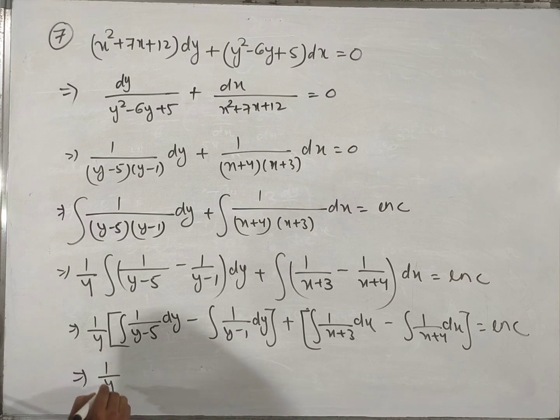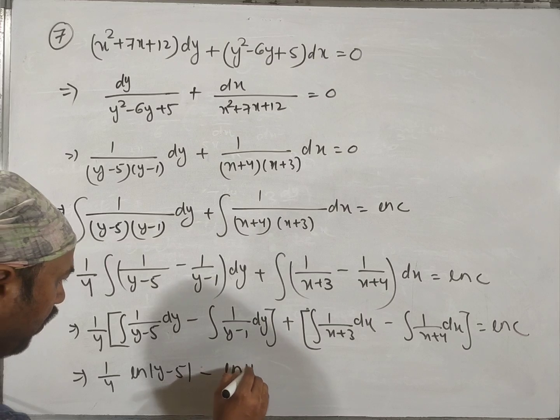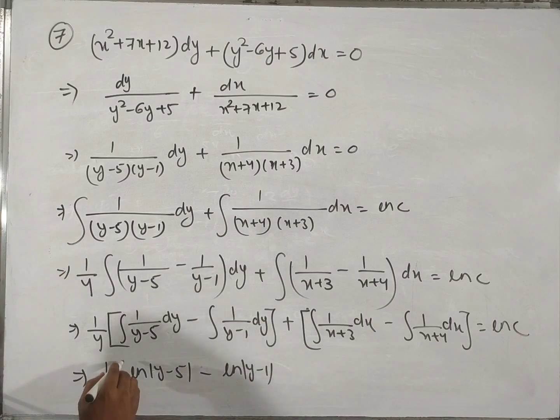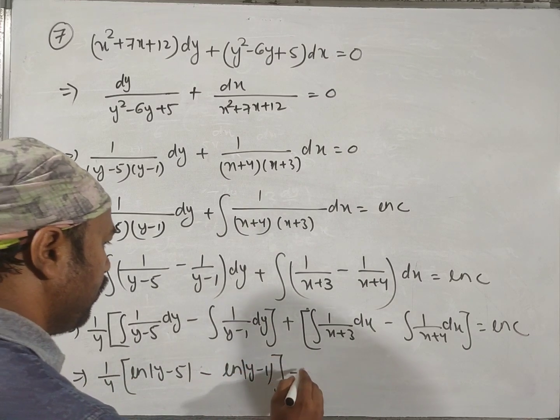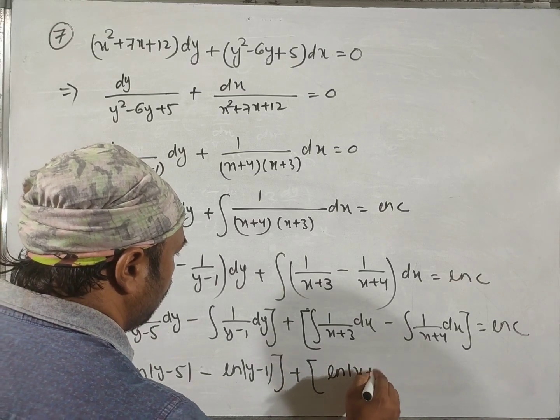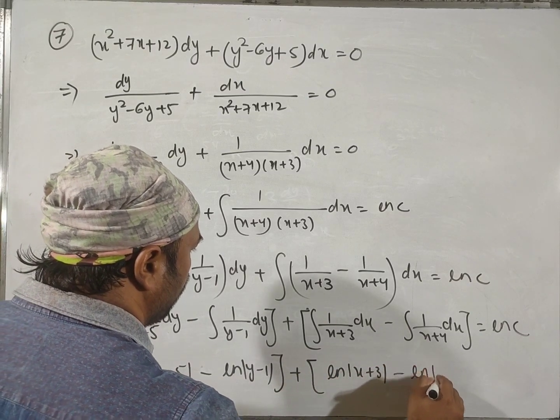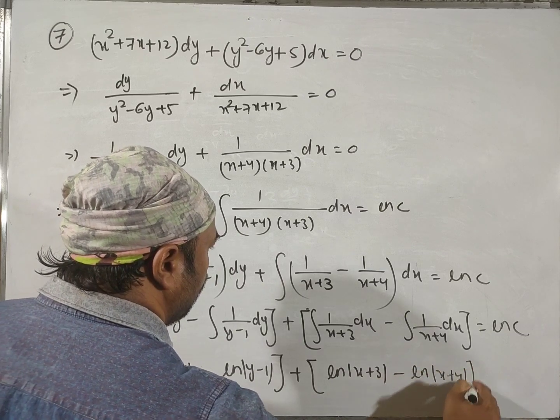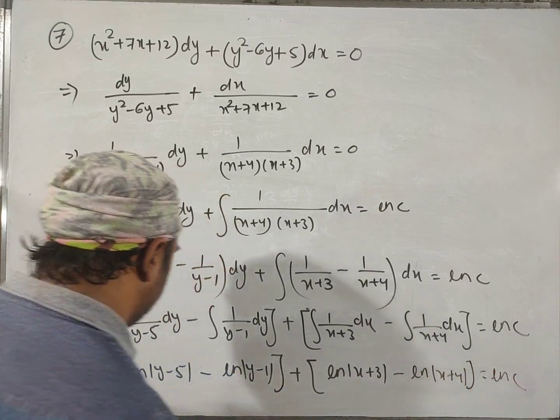Then it will be 1 upon 4 ln modulus of y minus 5 minus ln modulus of y minus 1 plus integral of 1 upon x plus 3, it is ln modulus of x plus 3 minus ln modulus of x plus 4, it is ln c.